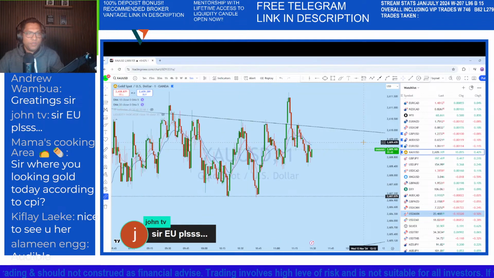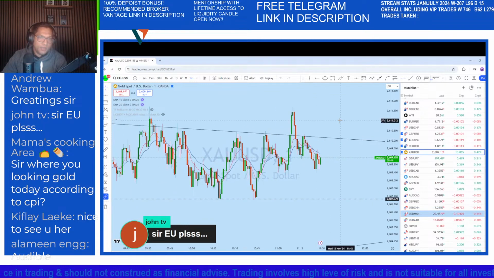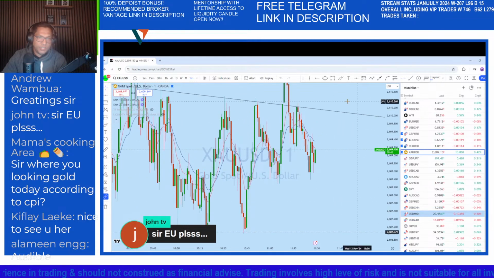The price action is very unpredictable in that area, and we'll be looking to see how it might be heading in that direction.